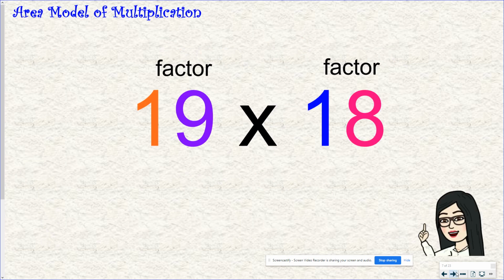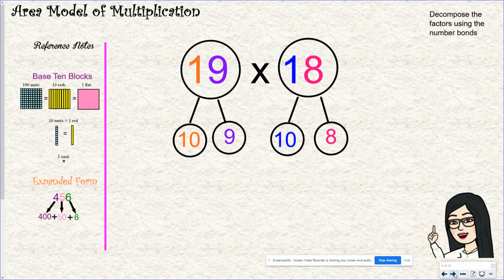Let's look at these two factors: 19 times 18. We are going to decompose the factors using number bonds. So 19 is broken up into 10 and 9, and 18 is broken up into 10 and 8.